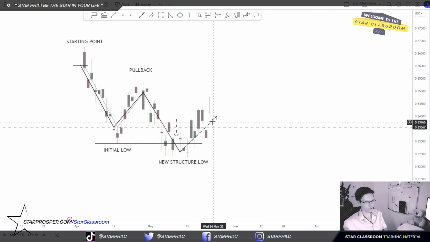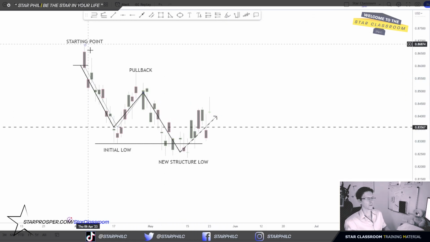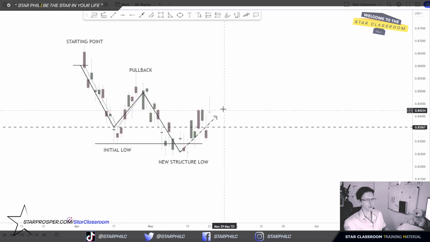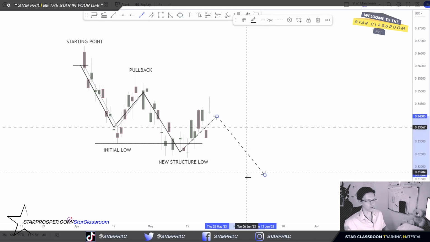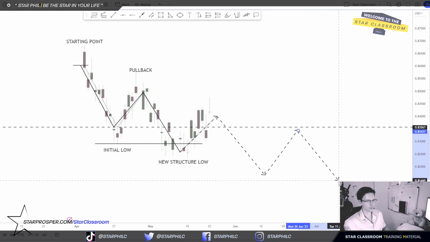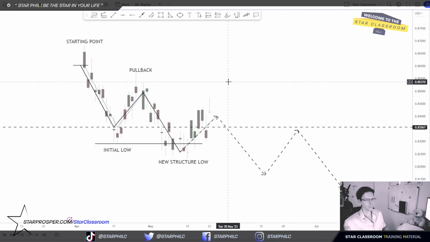And that's all you need to identify the trend. I can't grab that. So starting point, initial low, pullback, new structure low, and we have a pullback here. We can anticipate that price action moves towards the downside again, and then gives us another pullback, and we continue that series of events over and over again.